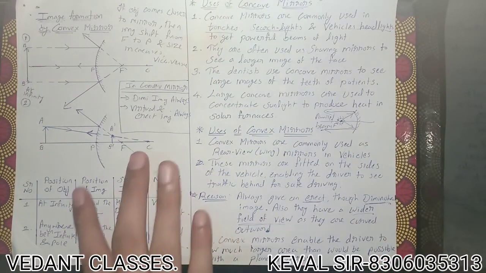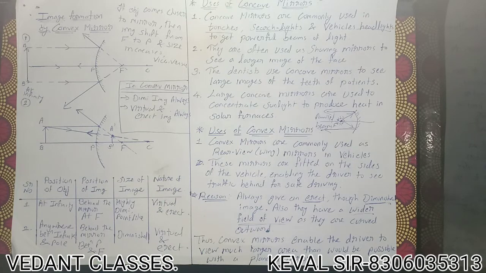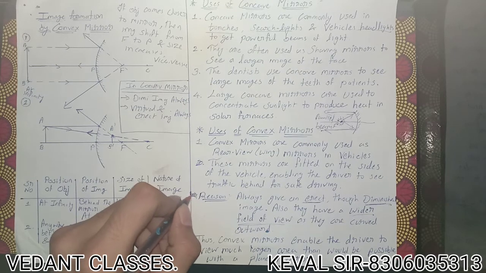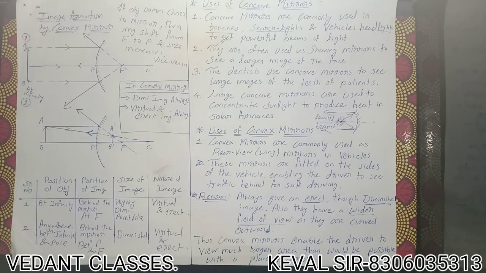Thus the convex mirror enables the driver to view a much larger area than would be possible with a plane mirror. So instead of a plane mirror, we use the convex mirror as a rear view mirror. And if someone asks you the reason in the exam, then you must write this point. So these are the uses of concave mirror and convex mirror.